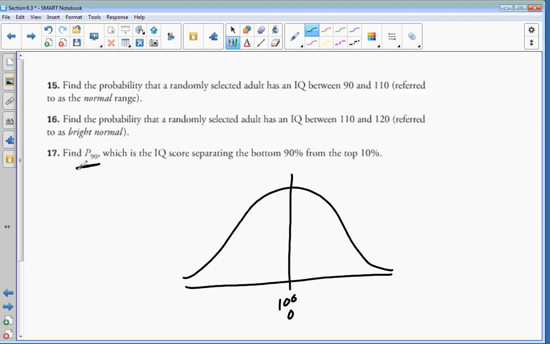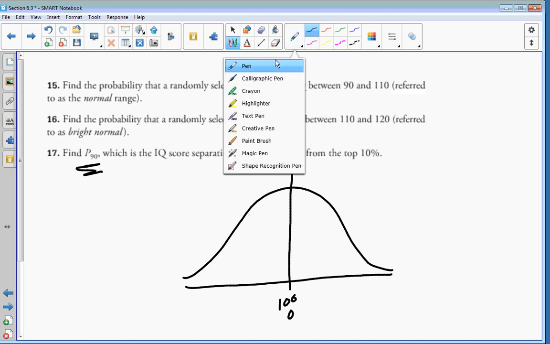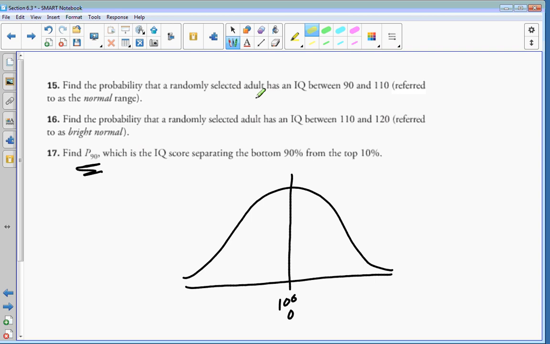And I want the percentile being 90, the 90th percentile. So I want from the far end here, and I want all the way up to the 90th percentile.